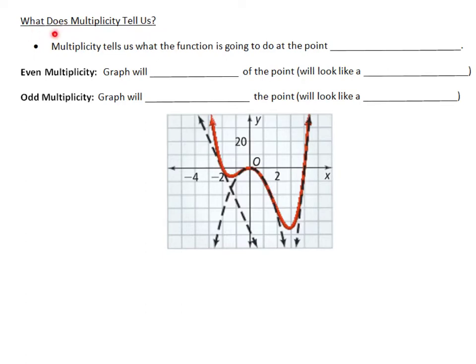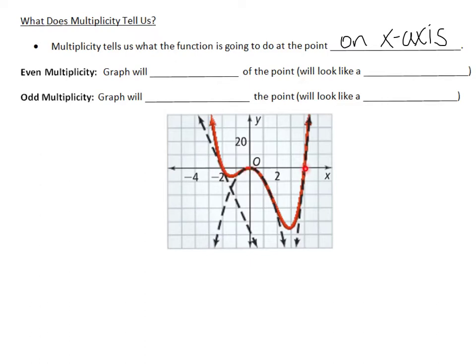So what does multiplicity tell us? Multiplicity tells us what the function is going to do at the point on the x-axis. Remember, where your graph crosses the x-axis, we can call that a zero, a root, an x-intercept, or a solution.